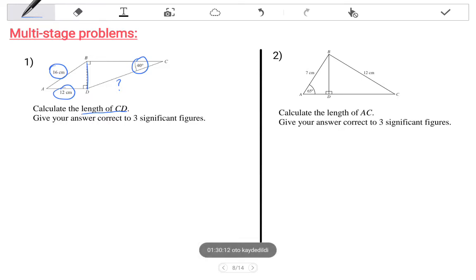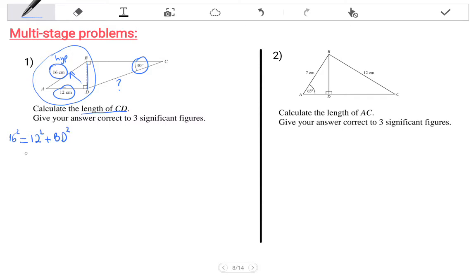To find this value, I go to the other right-angled triangle, and because I know two side lengths here, I'm going to use Pythagoras' theorem to get the side length BD. Here the hypotenuse is 16 centimeters, so 16 squared equals 12 squared plus BD squared.